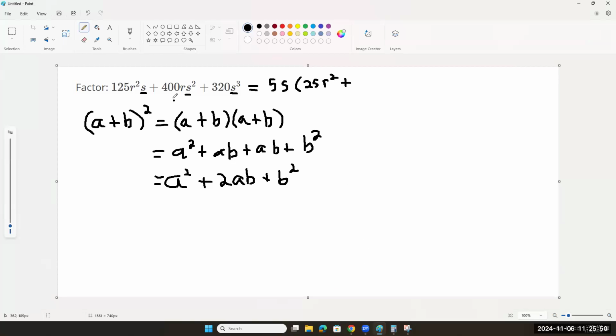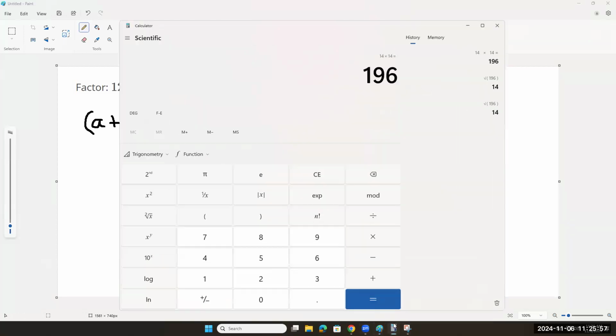Then, because this is bigger, I'm just going to use a calculator. 400 divided by 5 is 80.